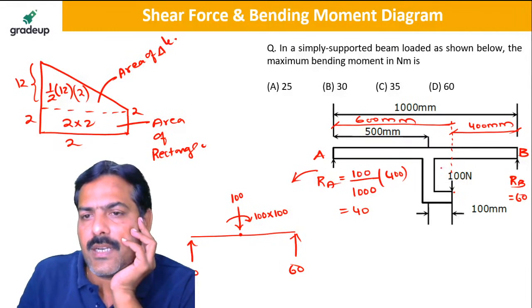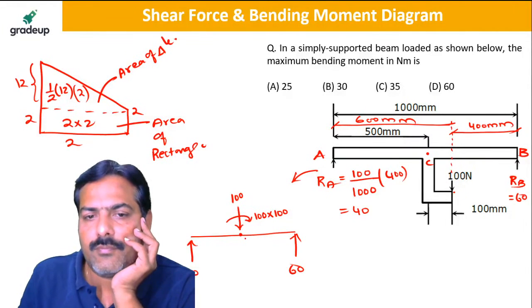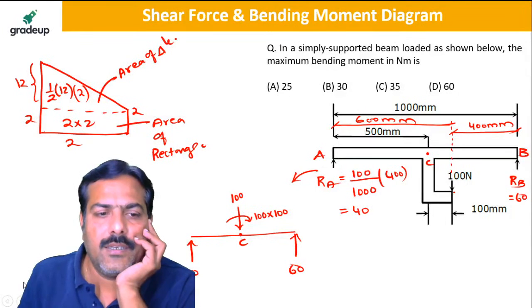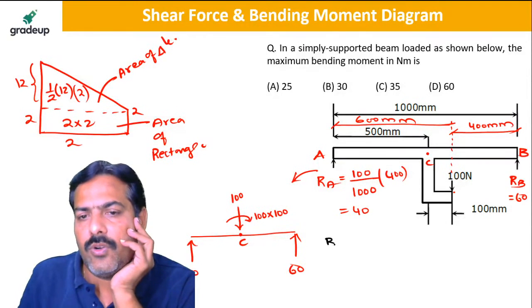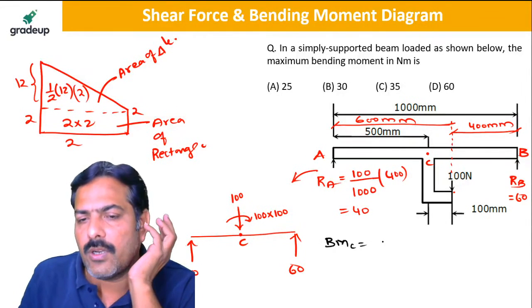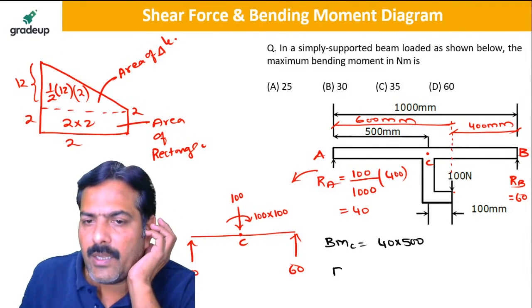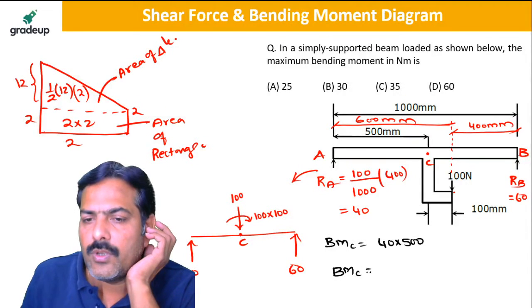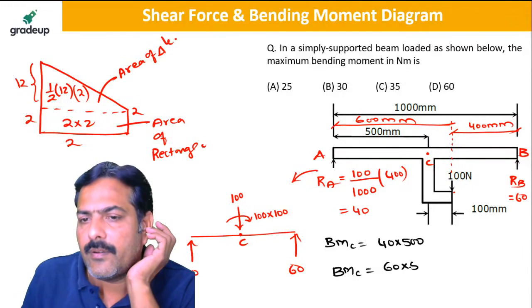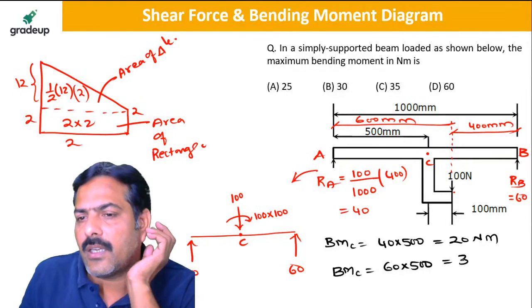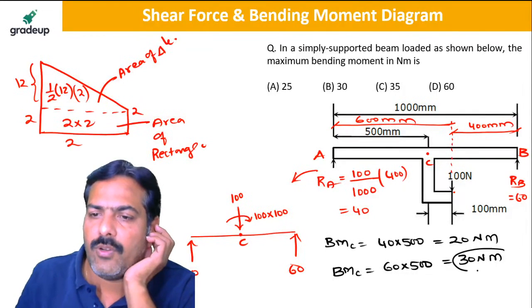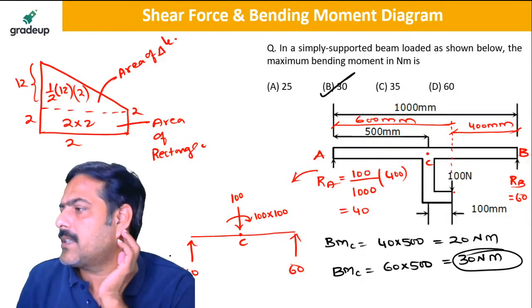So I am shifting this 100 to the center C. Now the bending moment at C is equal to 40 into 500, and the bending moment at C is also equal to 60 into 500. So you get 20 Newton meter from the left side, and 30 Newton meter from the right side. So the maximum value is 30 Newton meter, which is the right answer.